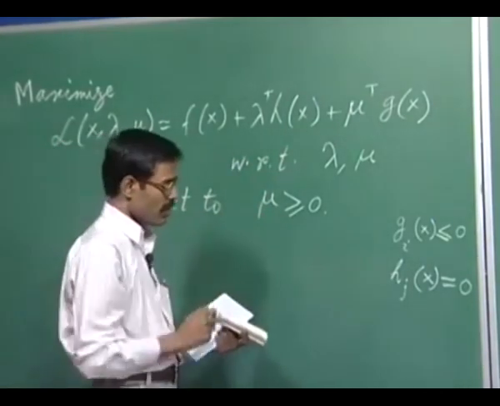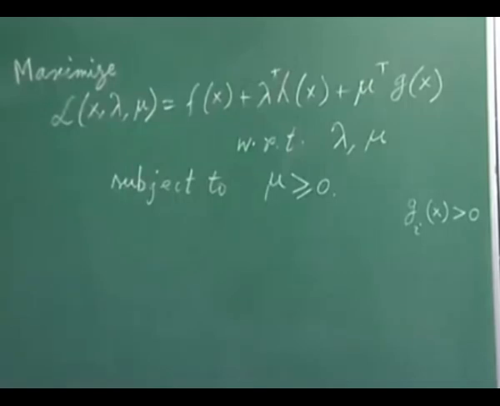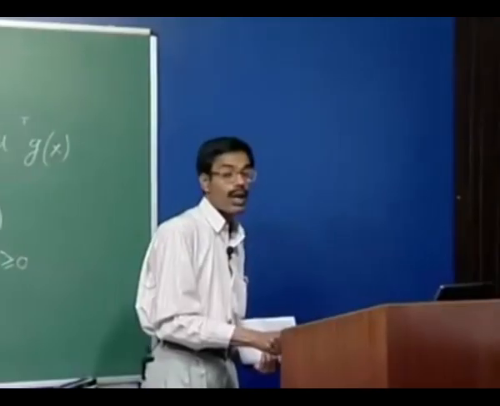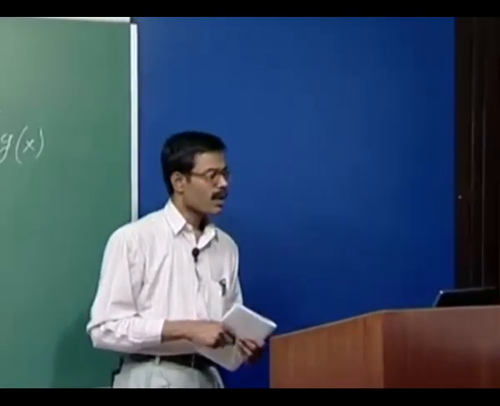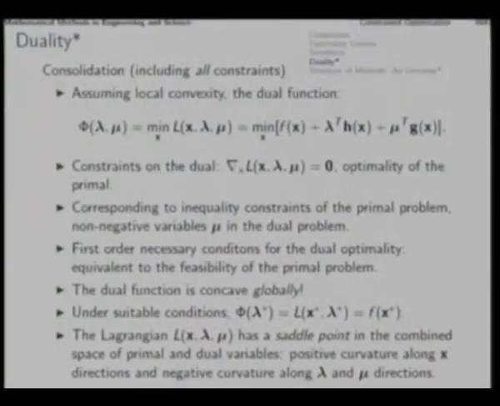So, with this much background, now let me summarize the overall results of local duality or convex duality without getting into complicated proofs. This is just for an overview. If we assume local convexity, that is, near the solution point the function is convex in the x variables, in the primal variables. Then the dual function is defined in this manner, and constraints on the dual, that is for the definition of the dual problem you will need this, that is optimality of the primal.